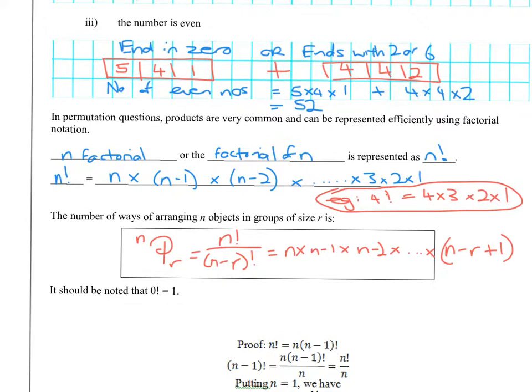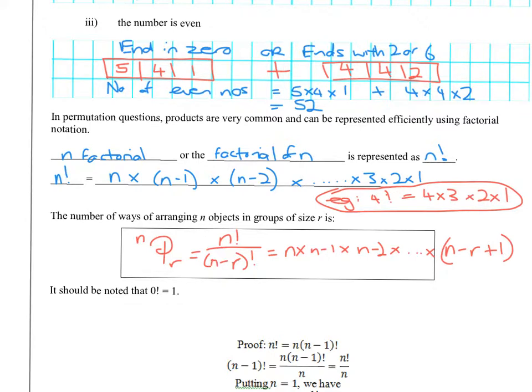And so if we cancelled stuff, we'd be left with n times n take 1, which makes sense in this case, because it would be negative 2 plus 1, which is negative 1. So you get n take 1 corresponding to your final term.